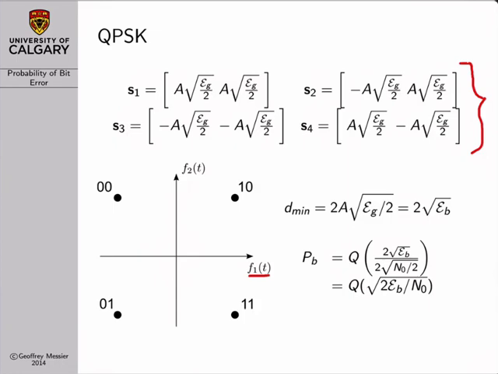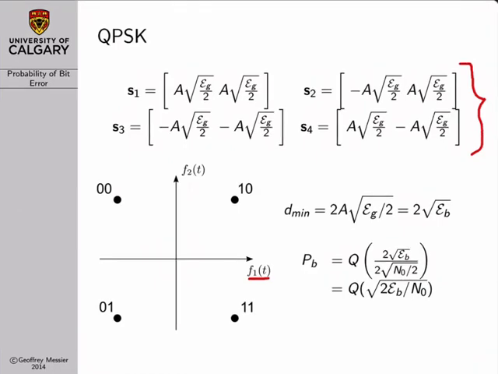And so basically, we can think of the BPSK modulators as the first modulator corresponding to the first bit, which determines the x-coordinate of the signal vector, and the second modulator corresponds to the second bit, which determines the y-coordinate of the signal vector. And so we can then analyze the performance of these two orthogonal BPSK modulators using minimum distance.